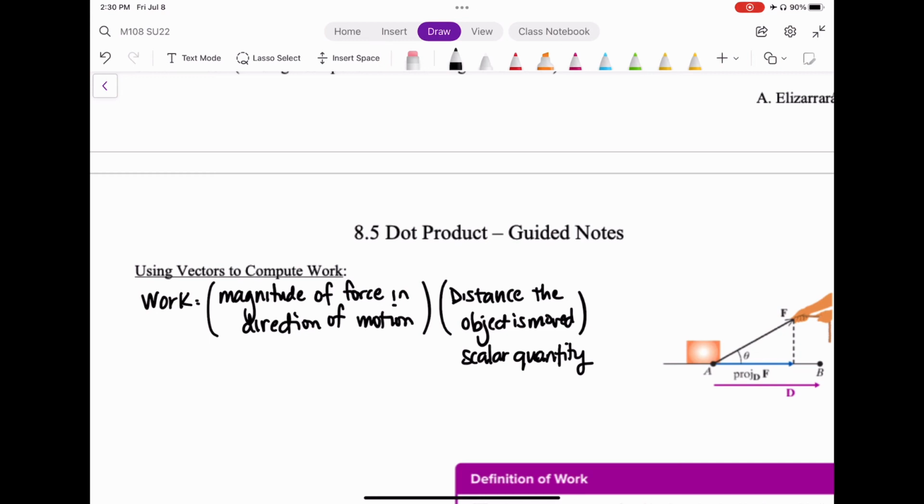Since force is typically given in newtons, work is measured in newton meters or foot-pounds, depending on what unit you're given, but those are two typical measurements.